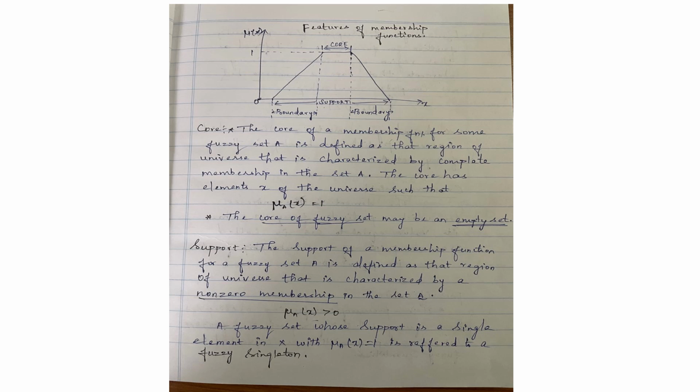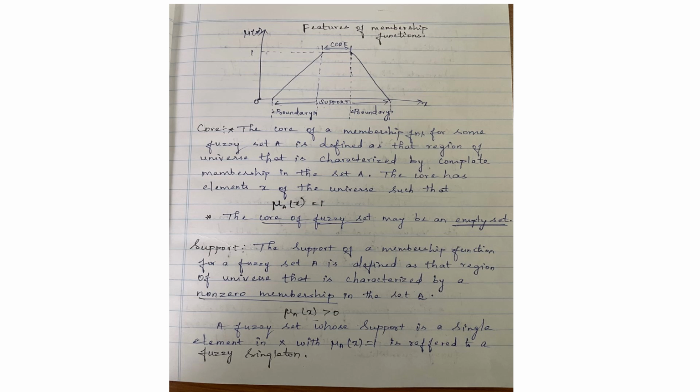A fuzzy set whose support is a single element in X with mu A of x equal to 1 is referred to as a fuzzy singleton. So in the support feature, there can be an element with the value 1 or greater than 0.